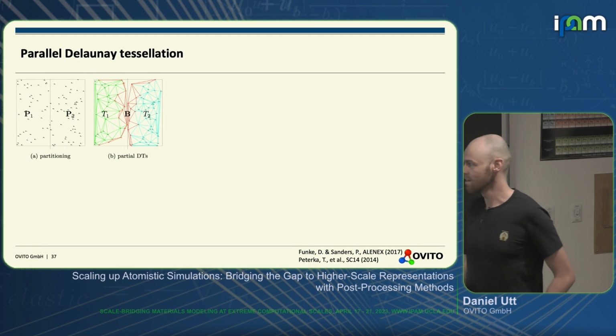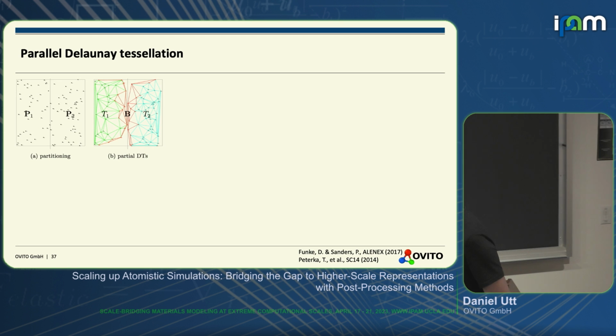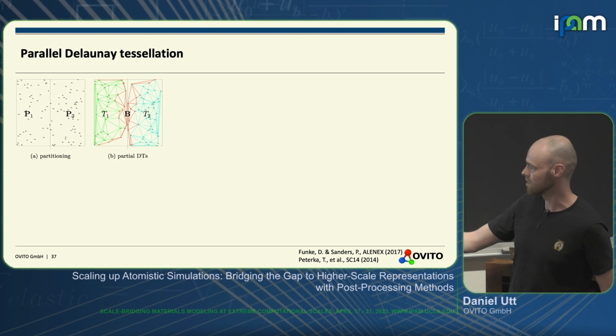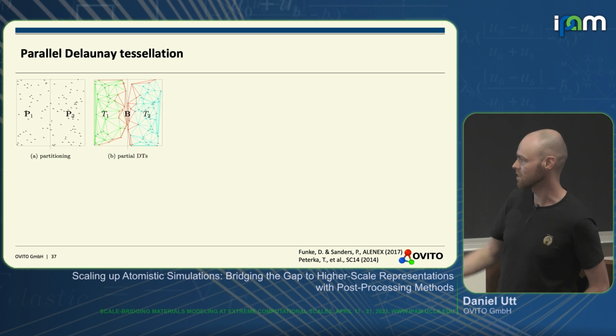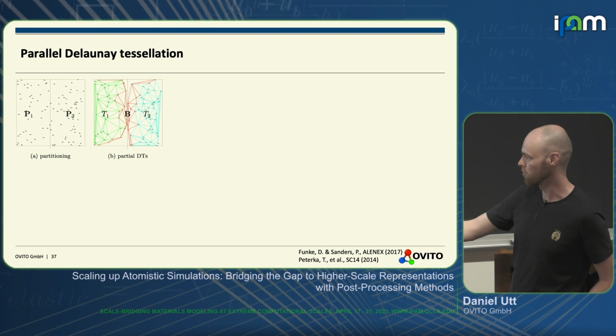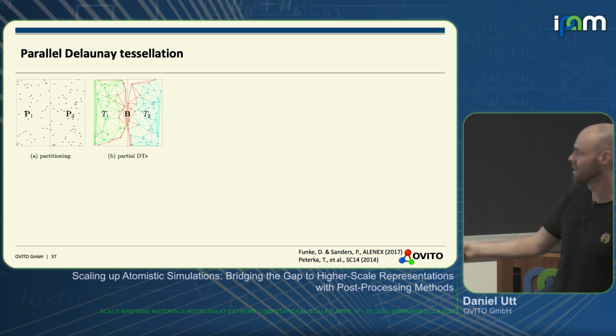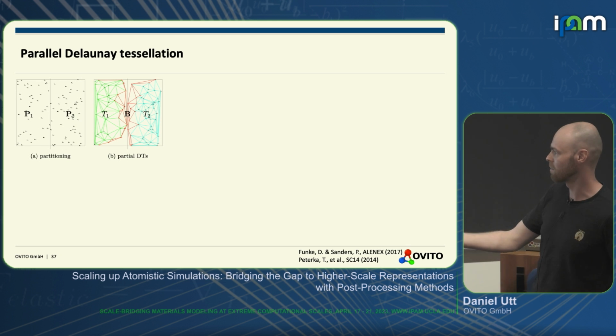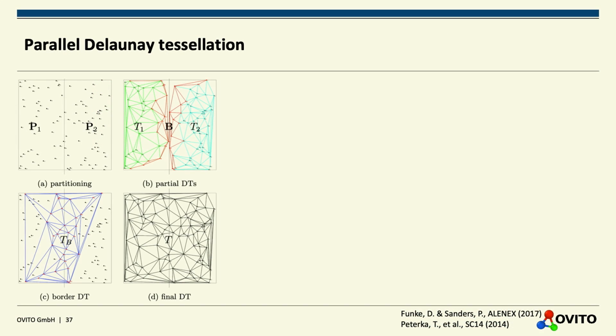Some more details. Parallel tessellation: what is the general problem? If you partition a set of points and then construct a tessellation, that works fine in the central regions of each domain, but there is an interface region where both domains will think they are on a surface, even though they are not, because they don't see the neighbors across the boundary. So there's a boundary region that needs to be patched up.